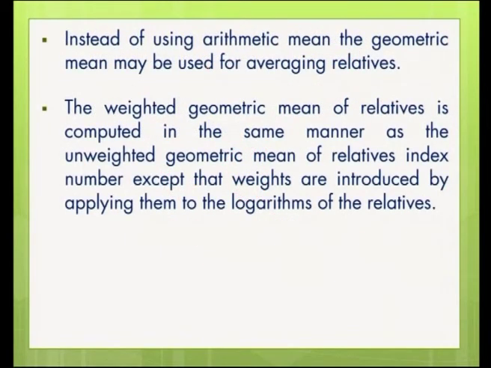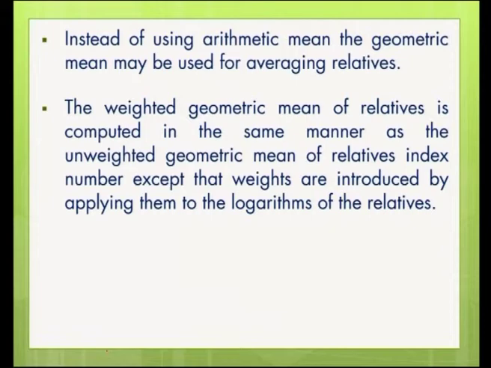Now, as I was discussing earlier, instead of using arithmetic mean, the geometric mean may be used for averaging the relatives. The weighted geometric mean of relatives is computed in the same manner as the unweighted geometric mean of relatives index number, except that weights are introduced by applying them to the logarithms of the relatives.